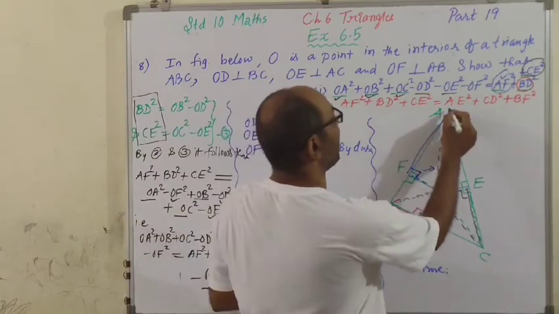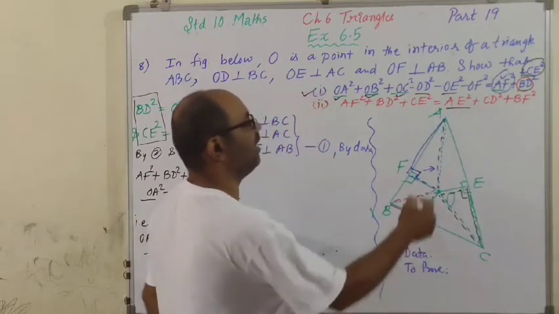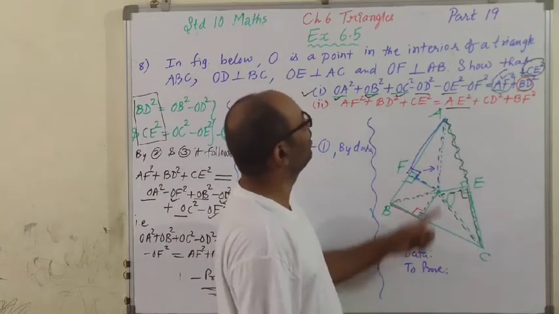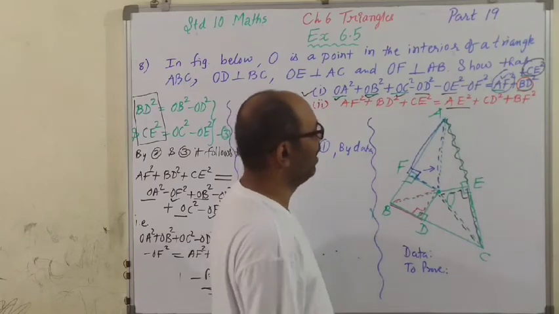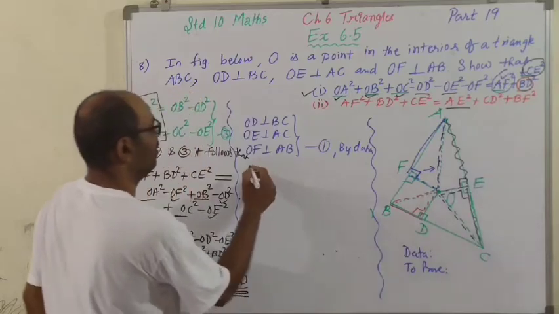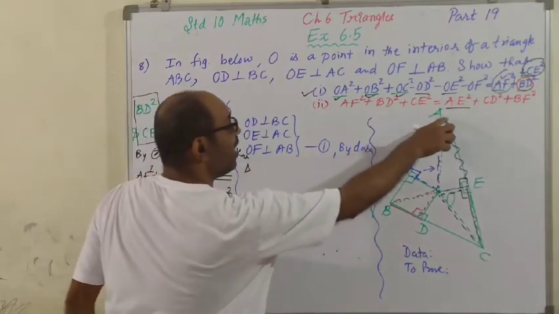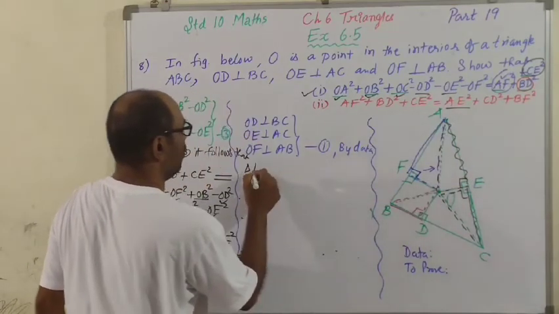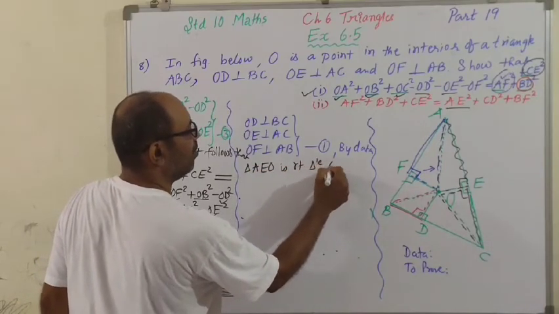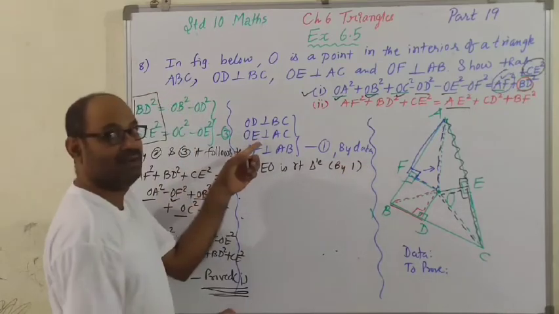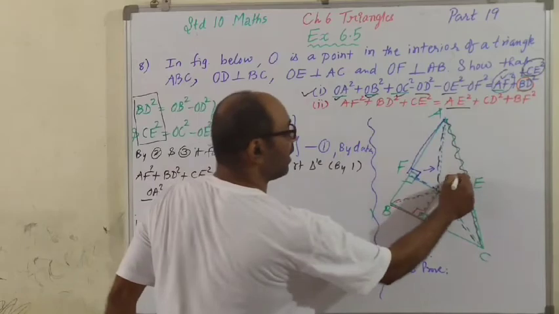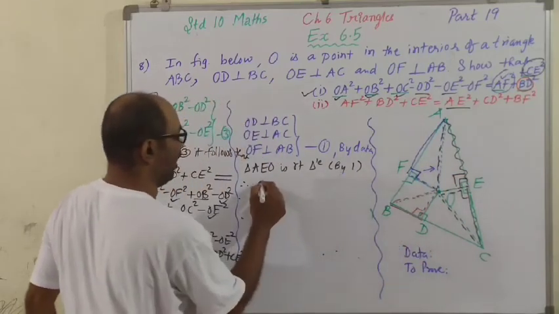I want AE square. कहाँ है AE? This one is AE. You got it? यहाँ AE square. Right? So it is of this triangle. So I'll write here triangle AEO. AEO is a right triangle by 1. यही 1. Therefore, Pythagoras, A is, right angle is this. So hypotenuse is OA.